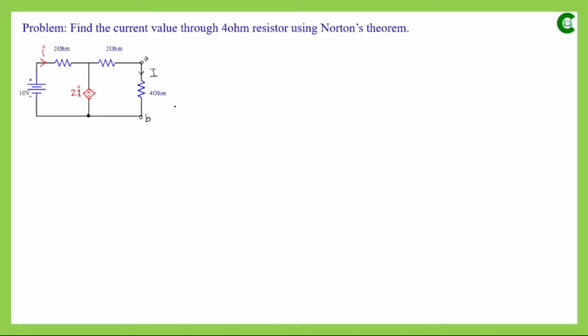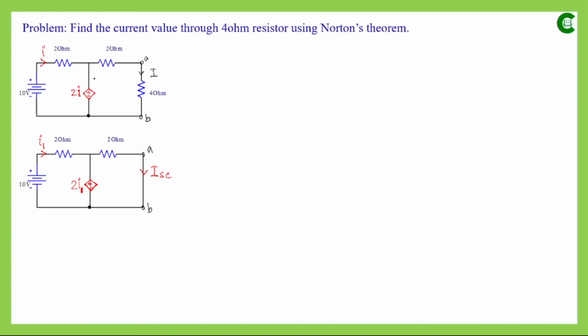Now in the next step, we will remove this load resistor having value 4 ohm, and then we will simply short those two terminals AB. Initially, when we had the 4 ohm resistor in that circuit, the current flowing through this 2 ohm resistor had value I, and based on that the dependent voltage source had value 2I.